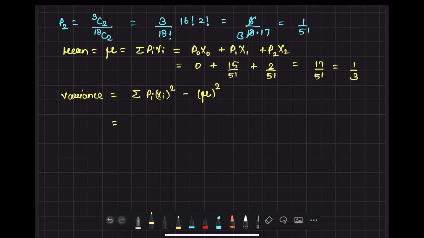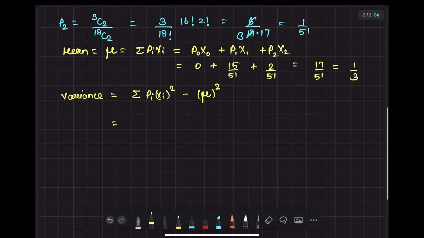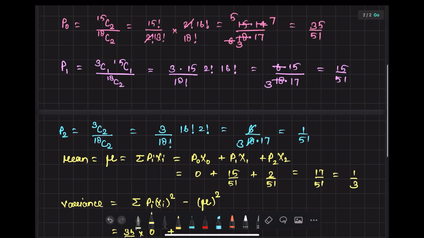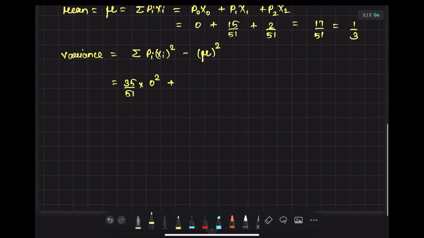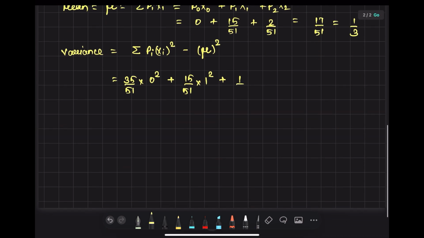Now we have to find out the variance. So it is 35 by 51 into 0 square, plus the second component 15 by 51 into 1 square, then we have 1 by 51 into 2 square, minus mean square.